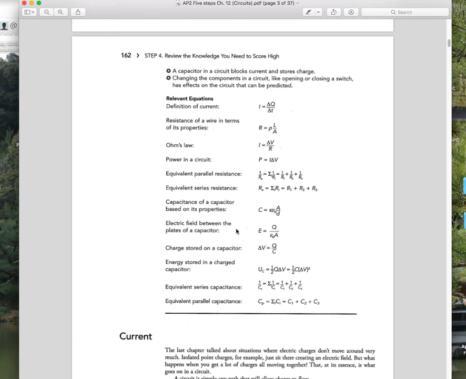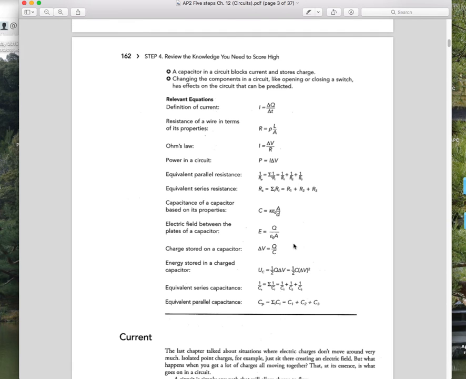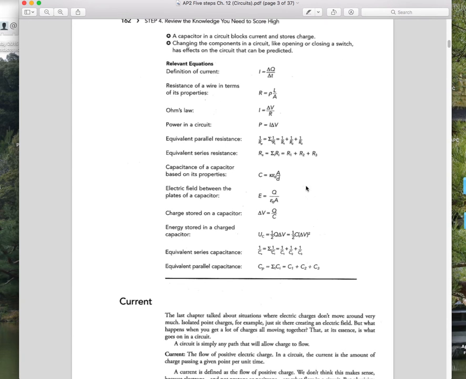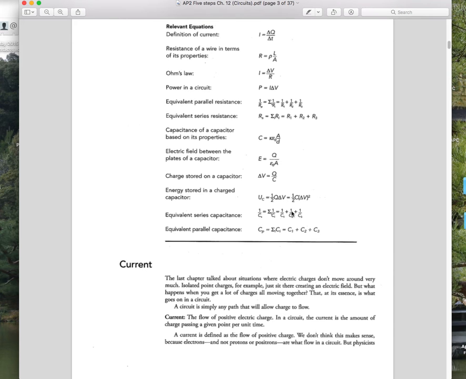Electric fields between the plates of a capacitor is less common than most, but we'll talk about this when we get to electrostatics, which is next week's topic. One of the things I think is going to be important is that we look back at the circuitry lab we had with capacitors, so something kind of useful.